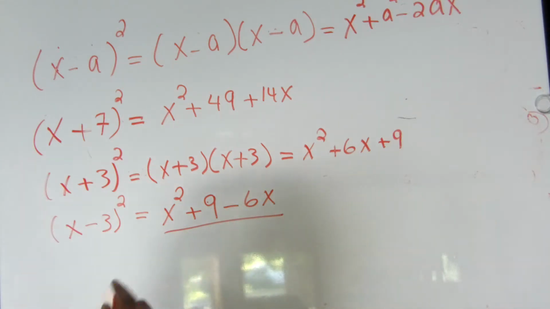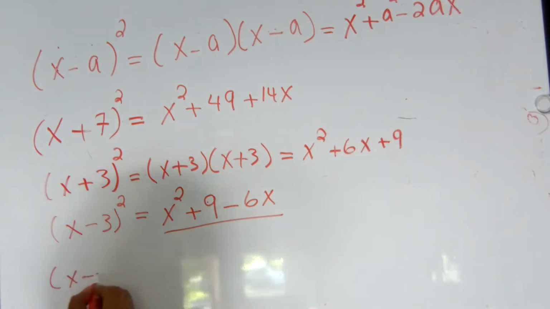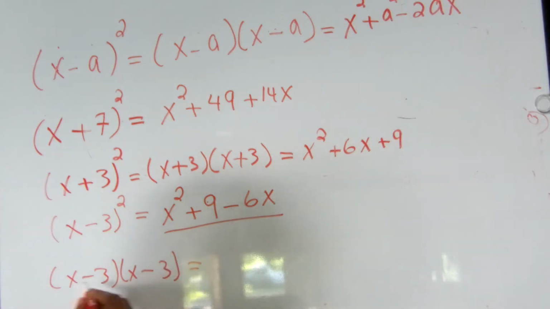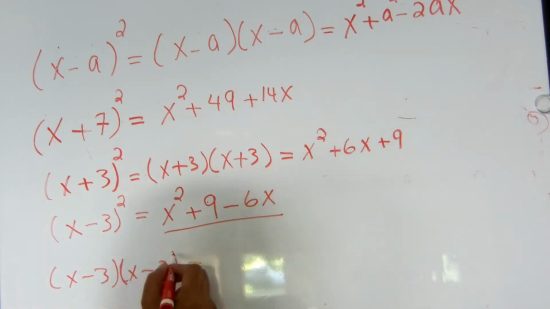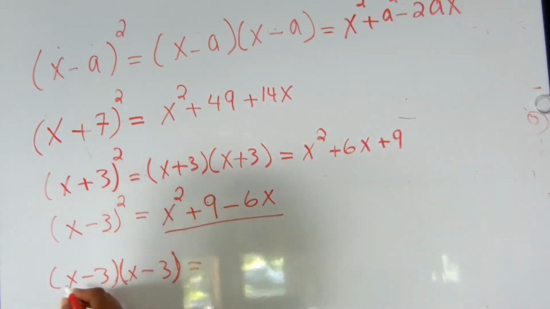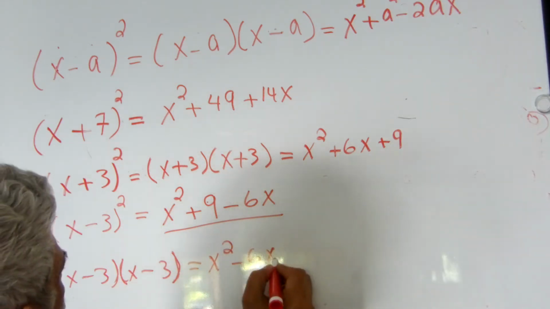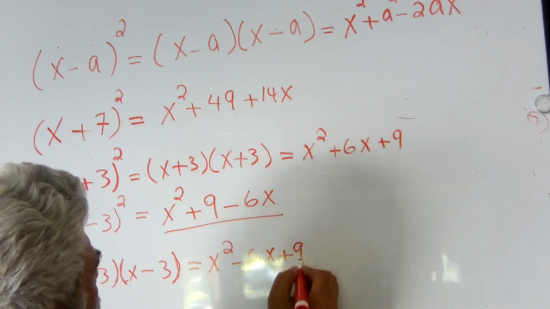It's easier. Instead of just multiplying x minus 3 times x minus 3, where you do this one times this one, this one times the second item, and then the second item times the first item, and the second item times the second item in the other parentheses, we say x squared minus 3x, minus 3x, plus 9.